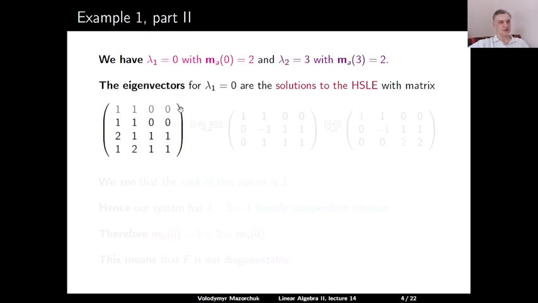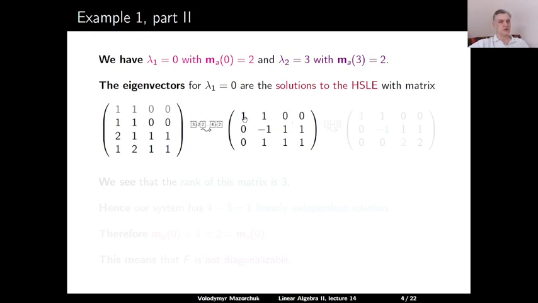So we take the matrix of our linear operator. We see that the first and the second row are the same, so we can just forget the first row. And now we use this one to kill everything else in the first column. So we subtract twice the second row from the third row, and we subtract the second row from the fourth row. So the second row becomes the first row because we deleted the first row.